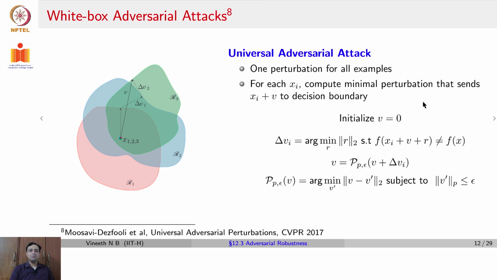This is now done by, if you consider this illustration here, x1, x2 and x3 are juxtaposed. They are not located, they don't have the same vector value. This is just for convenience. R1 here denotes the boundary corresponding to x1.